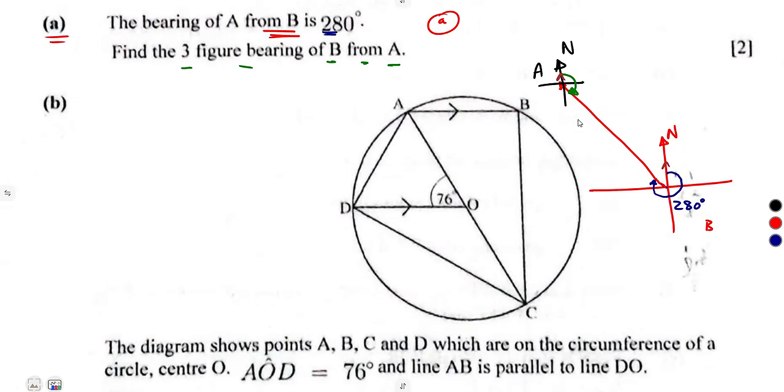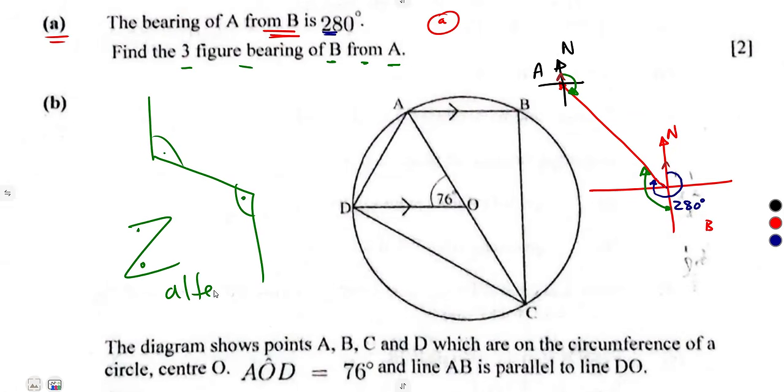So the angle that we are asked to determine, this one, and the angle here at B, this one, they are equal. Which concept? These are alternate angles where we form a Z. So that's what that one is, a straight Z. Alternate angles are equal. Remember, Z, alternate angles.